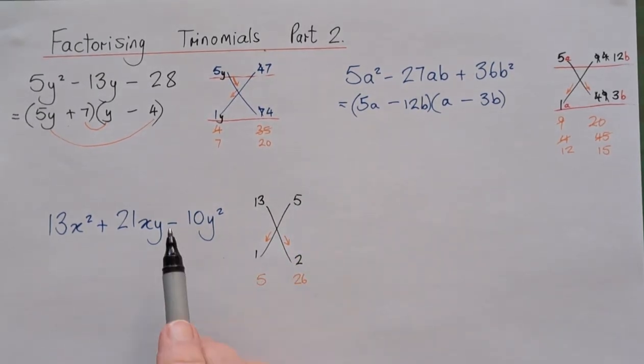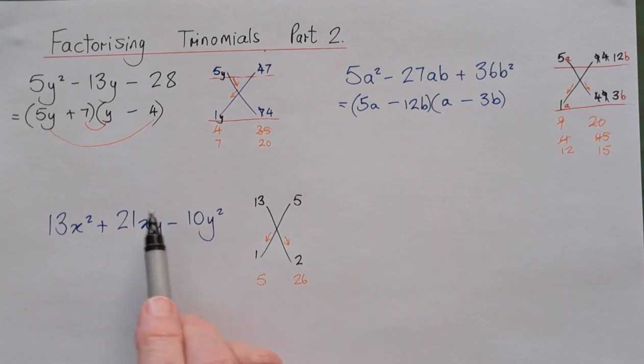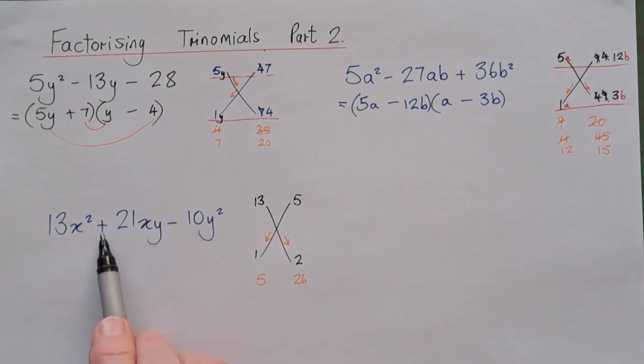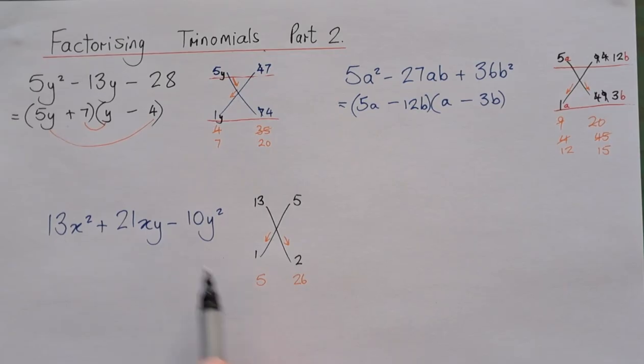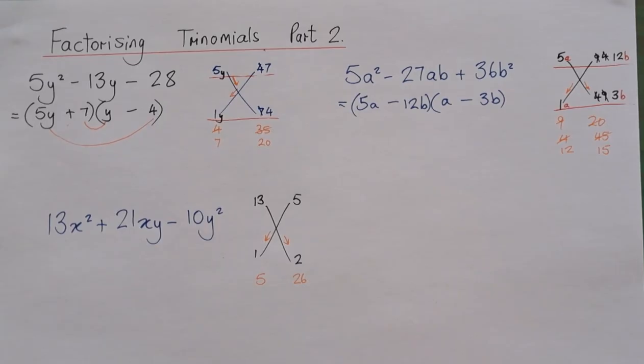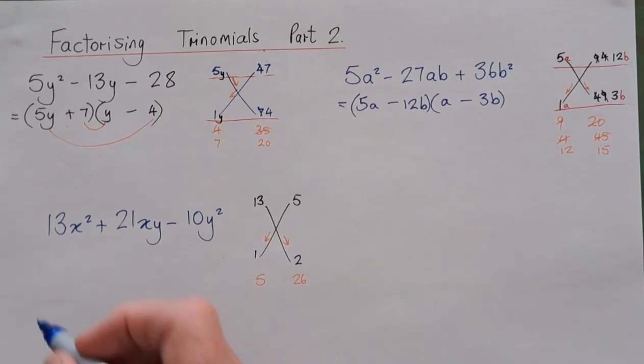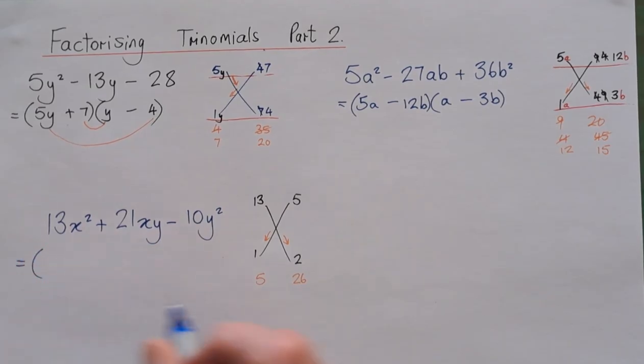Looking at this, the signs in the brackets are different, and the biggest combination is positive. As soon as they're different, it means that this is going to be a subtraction situation, and 26 minus 5 can give me 21. So this time I found my correct combos straight away.